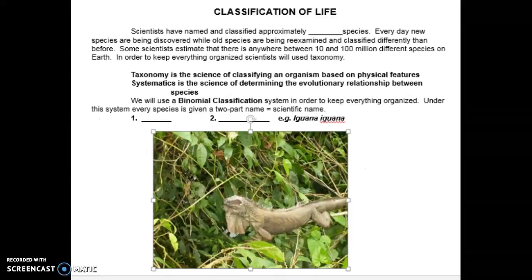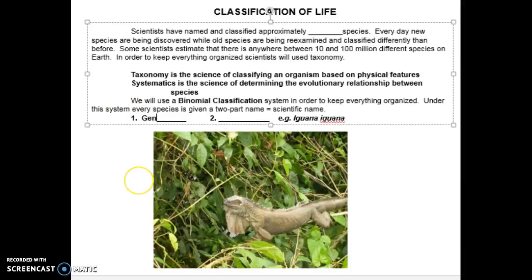Now, when we use classification, we are using a system called the binomial classification system. This is how we keep stuff organized. The system is composed of a bunch of different levels. The key levels are going to be the genus and specific epithet, or species level. When we give a species a name, we use the genus name and then the specific epithet, or the species name.